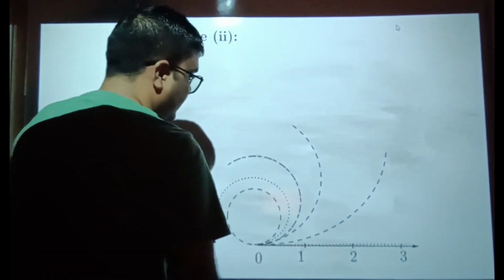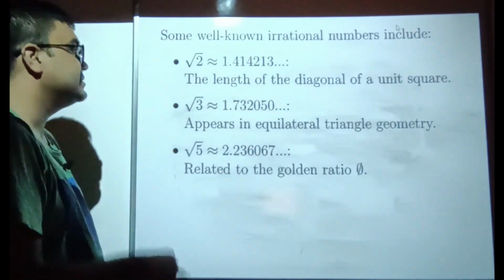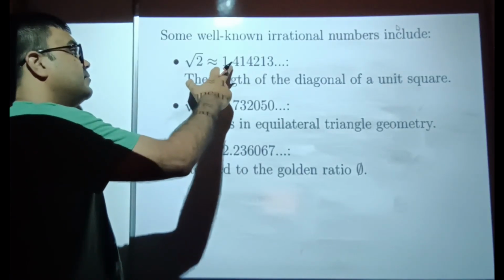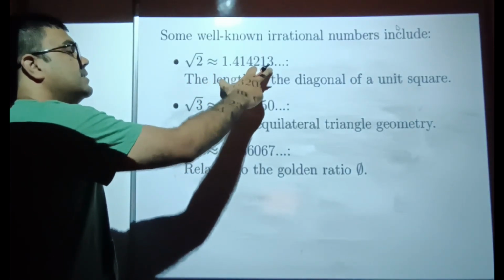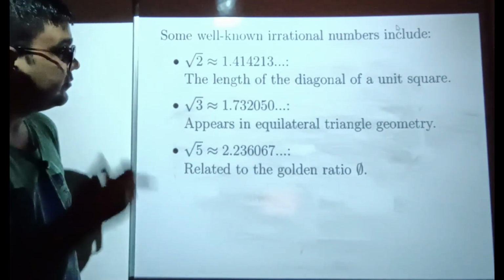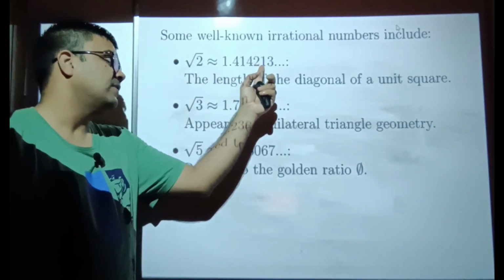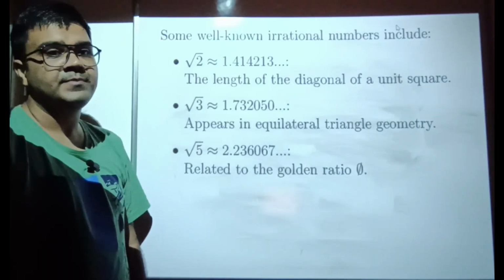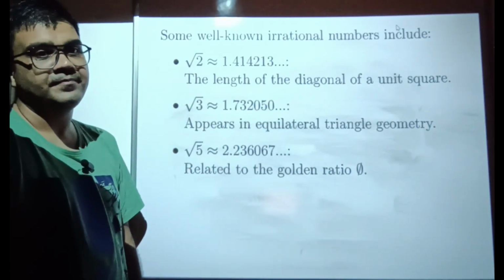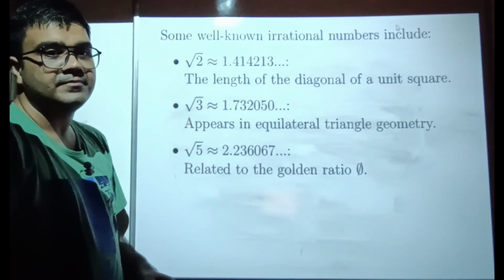Next we have listed some well-known irrational numbers. When we talk about square root 2, it is 1.414213 and so on. You should remember these values, the value of square root 2 in decimals. It is basically the length of the diagonal of a unit square. Then we talk about square root 3.